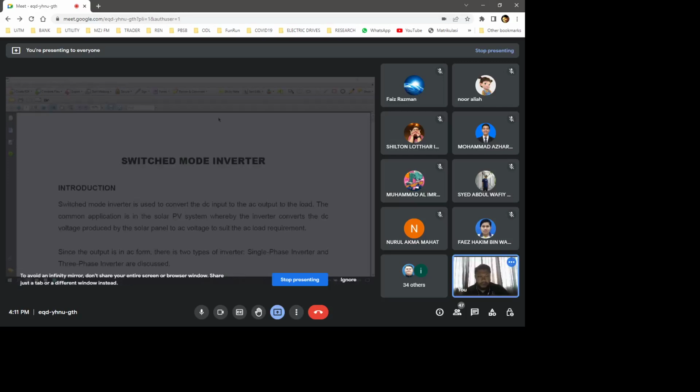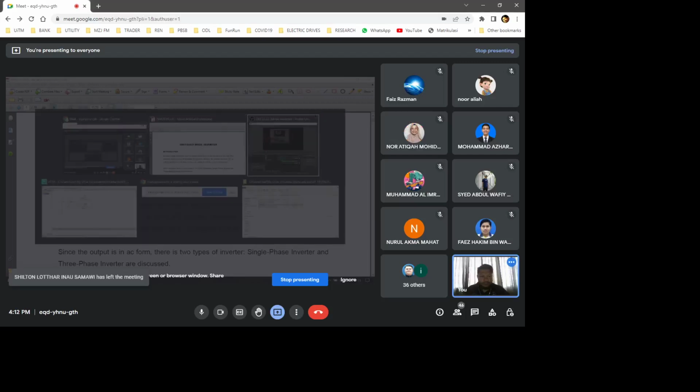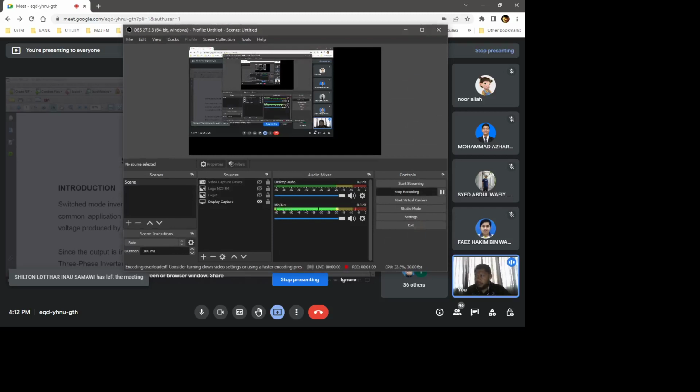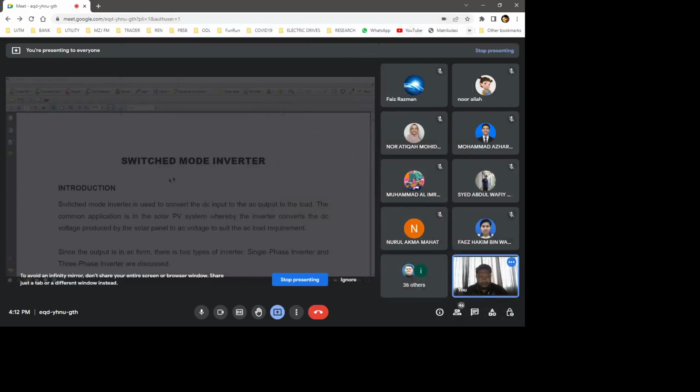In power electronics, we have AC or DC at the input, and this is our converter, and the output can be either DC or AC.